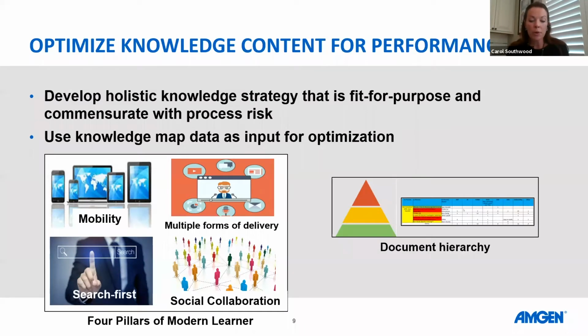So to support the culture and a modern learner, we want to make sure that we have an optimal learning and document approach that's commensurate with risk. So by that I mean, if I have a high risk process area, I might want an e-learning and an SOP. For a lower risk process area, I might want just a learning module.